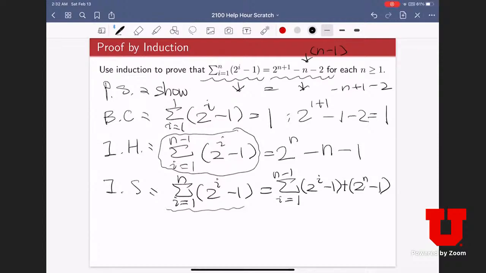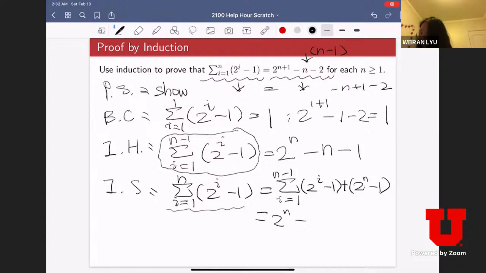Okay, I see. Yep. And then you can just replace this term with the closed formula, which is 2 to the n minus n and minus 1. And then you plus the last term.